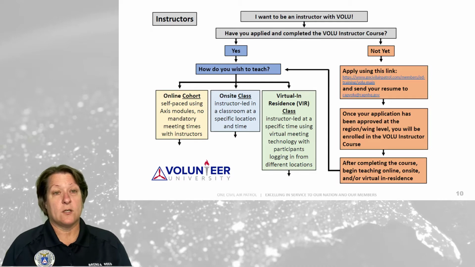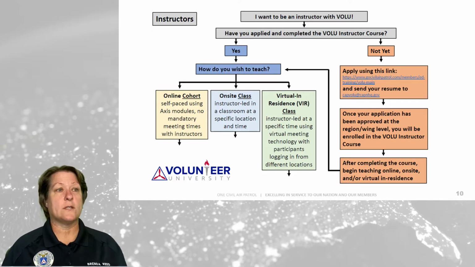We send them to the region commanders, and many of them talk to the wing commanders. Once we get that back as approved, you're enrolled into the Volunteer University instructor course. After completing the course, which includes both parts, the online and the virtual session with the level chair, then you can begin teaching, whether you want to do online, on-site, or the virtual in residence.